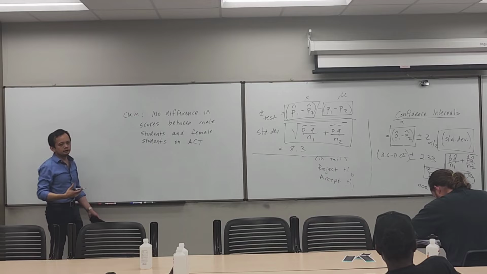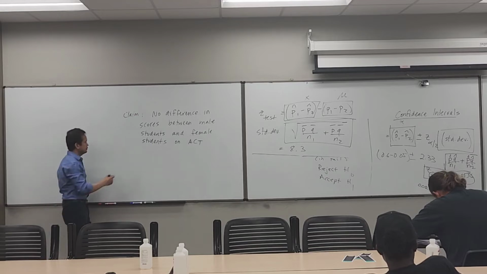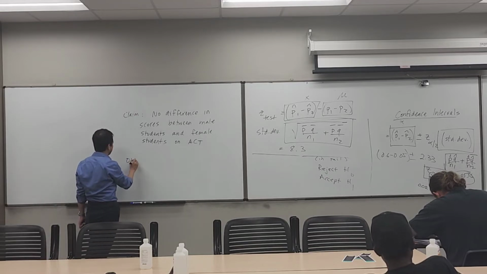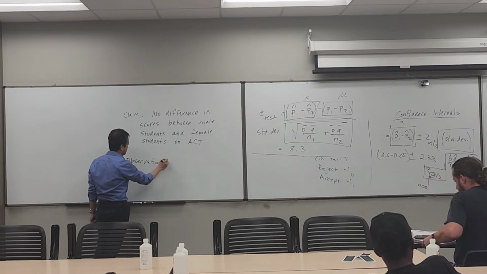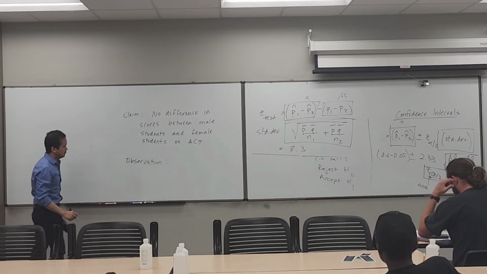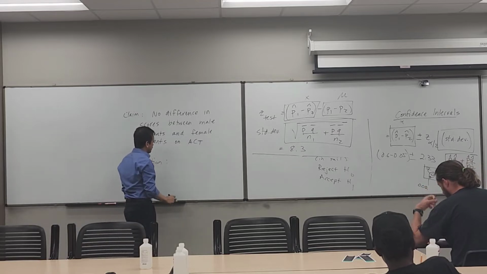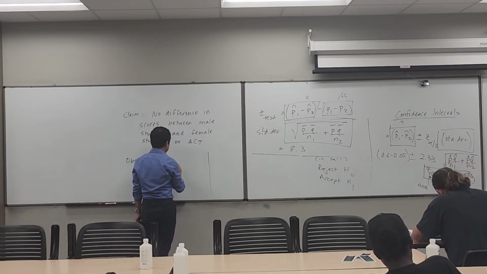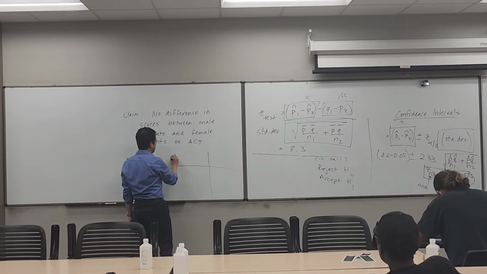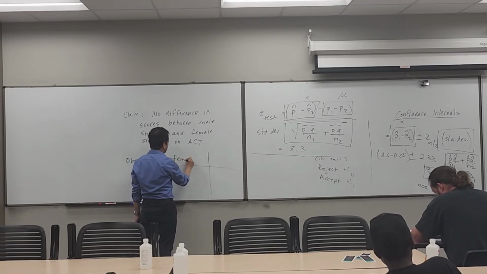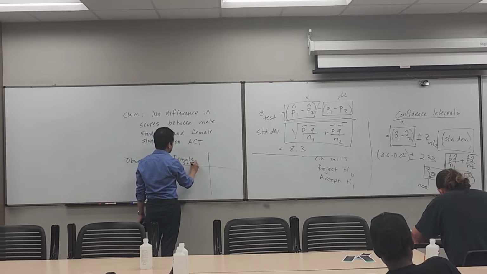So let's say in order to make a conclusion about the claim, we're going to have an observation with one or more samples, just like last time. And so let's say that we have two groups of students' scores. One is female scores and one is the male scores.